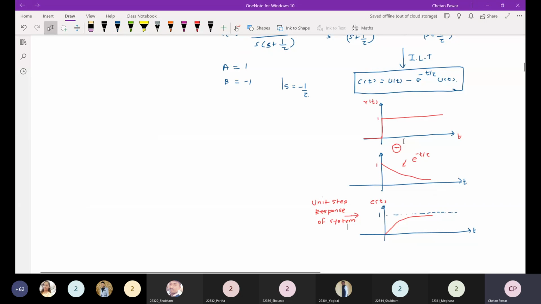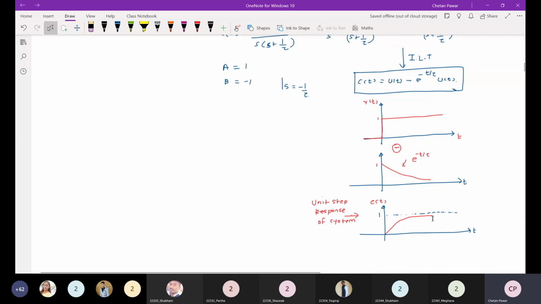What is meant by steady state error? At t tends to infinity, what is the difference between the reference input and output? Can you calculate the steady state error from this particular graph? This is the input graph and this is the output.